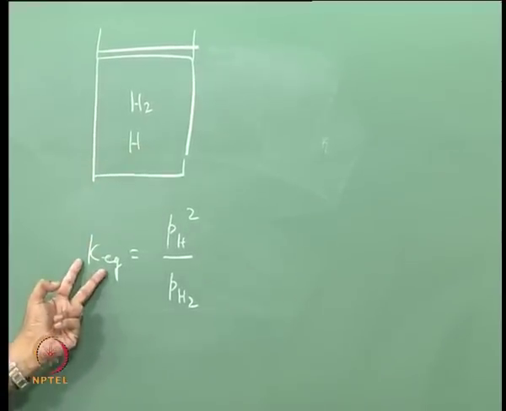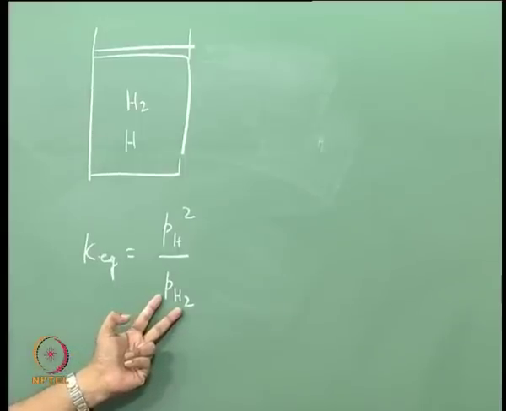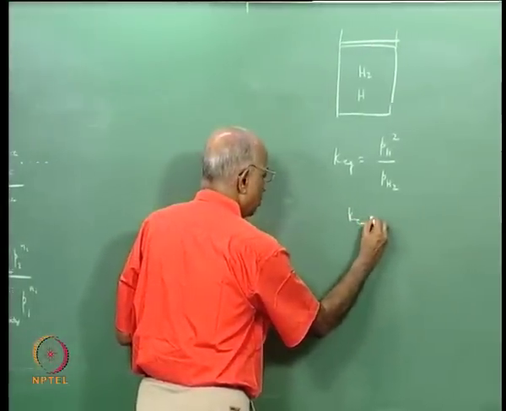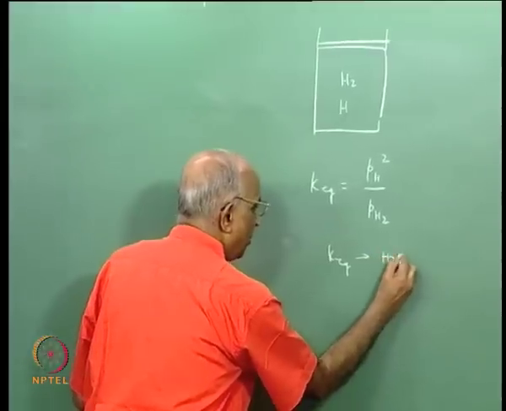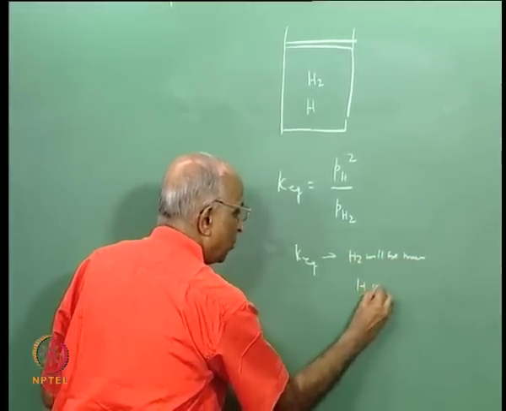If the equilibrium constant is a very small number, then the denominator will be a large number. That means equilibrium constant gives me immediately a view of whether H2 will be more or H will be more.